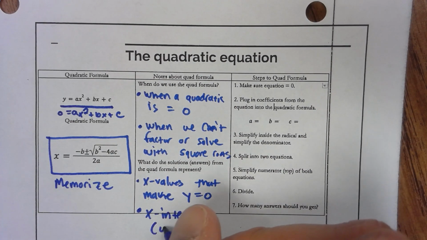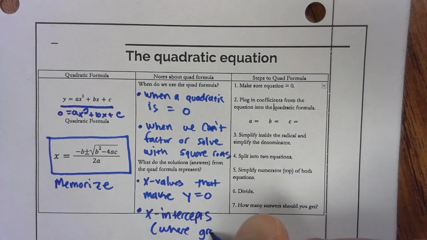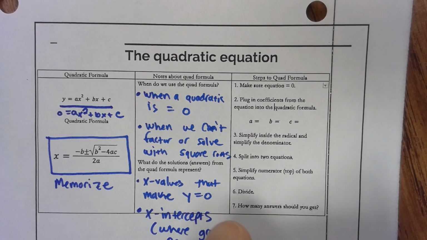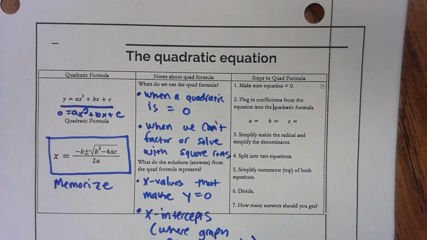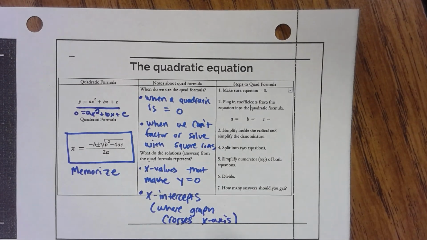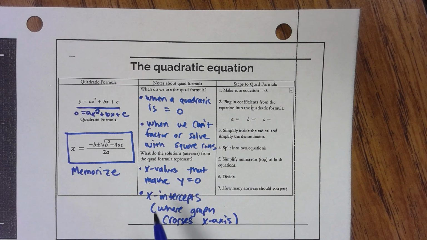An x-intercept is where the graph crosses the x-axis. This extends to factoring too. When we factor and get those x values, those are also x-intercepts. When we solve with square roots and we get values, those are also x-intercepts. So anytime that y is 0 and we solve for x, those values are where the graph is going to cross the x-axis.